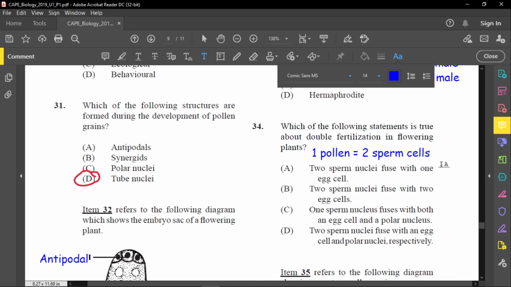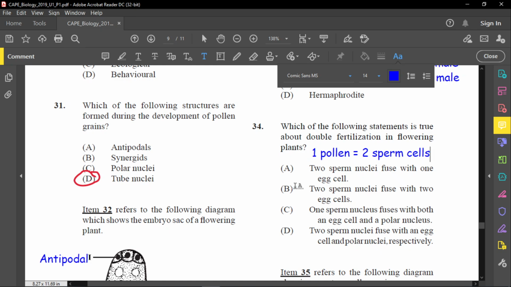So in this case, one of the sperm cells will fertilize the nucleus of the egg or the ovum, and then the other will go to fertilize the polar nuclei. And the polar nuclei, when fertilized, will form the endosperm. Please make a note of that.